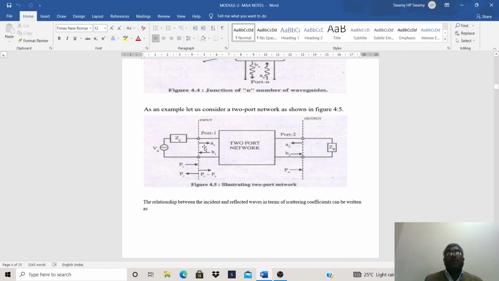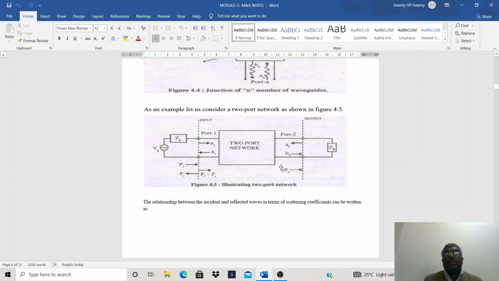A1 is the incident wave, B1 is the reflected wave. So total power is the input power and this is the reflected power. PI is the incident power at this input point, and PR is the reflected power.